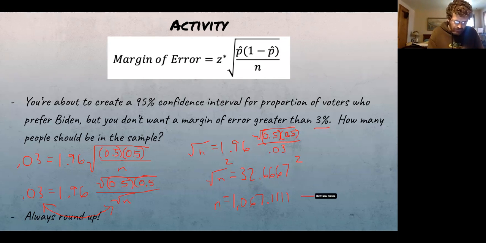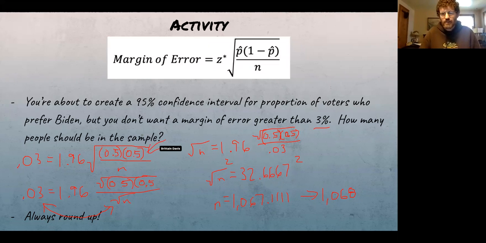And so this is going to become 1,068 people that need to be in the sample. And this will guarantee that my margin of error is no greater than 3%. Now it could be a little off because I estimated what p hat is, but whatever p hat is, I'm going to have less than a 3% margin of error by using that many people in my survey.